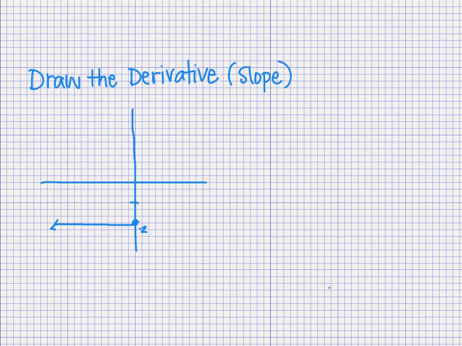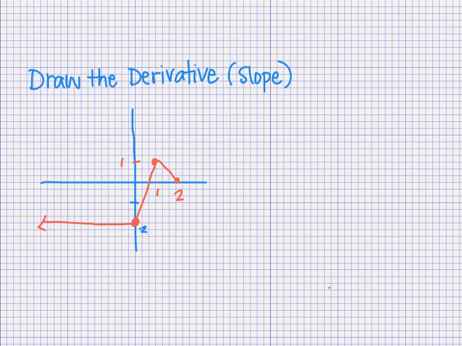All right, let's try this. Can you see that a little bit better? Okay, that's at -2. Okay, that's connecting to 1, 1, and then 2. All right, so that piecewise graph. So we are going to draw the derivative of that piecewise graph.